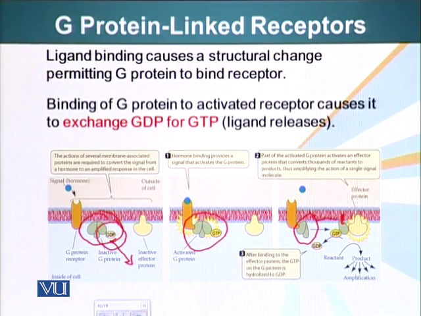So during this process, once the G protein binds the receptor, it also causes ejection of the ligand from the receptor. Now remember this: just as important as it is to receive a signal, it is just as important to neutralize the effects of that signal too.